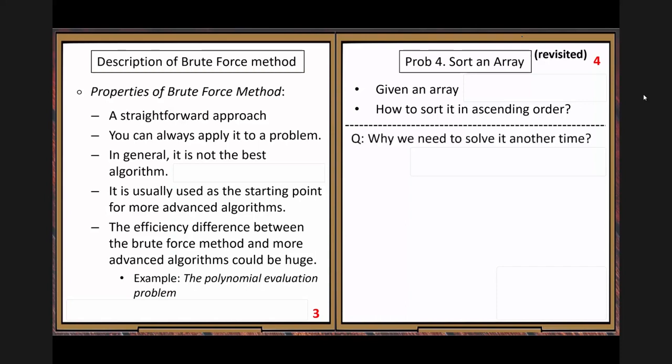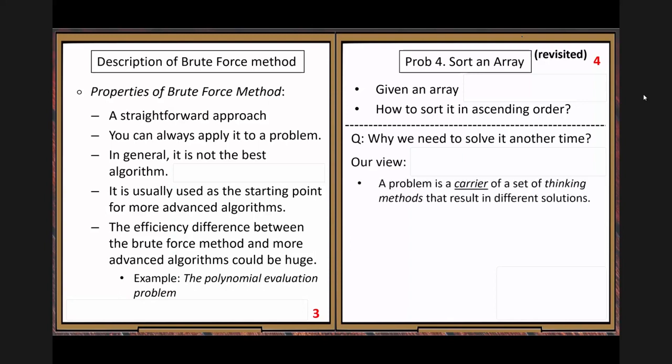Why do we need to solve it another time? In our view, we treat a problem as a carrier of a set of thinking methods that result in different solutions. So that's the view. This problem here, we use the sorting problem.